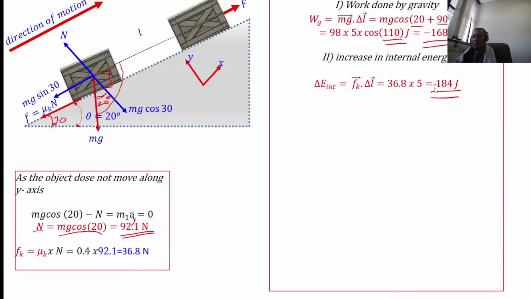I put it negative because it's not cooling down. Please remember that negative actually is just a sign. Change in internal energy is positive. Heat is formed. That heat formation is basically to tell you that there is energy lost because of that friction, and therefore negative.